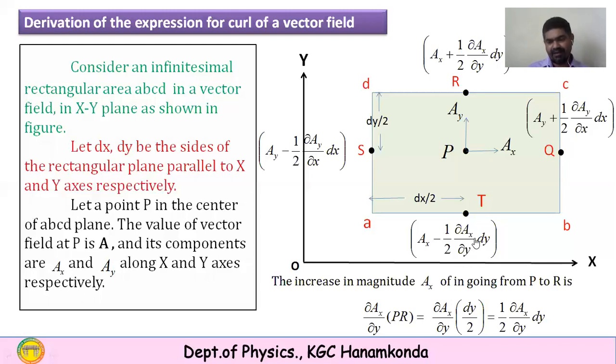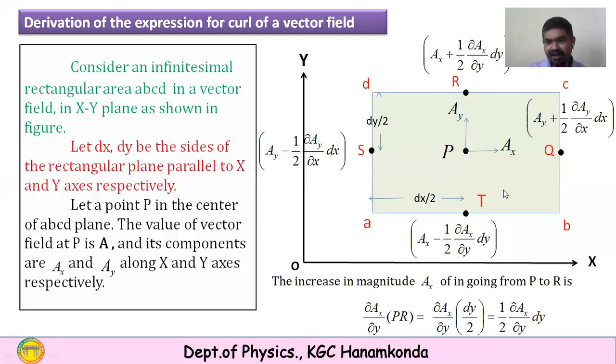For example, let us see here at point Q and point S. Now I am going from point P to Q. There is an increment in the field. Therefore, the increment is 1 by 2 into the increase in the y component with respect to the x-axis. Therefore, ∂Ay/∂x is the rate of change, multiplied with this length. There we get the increment.